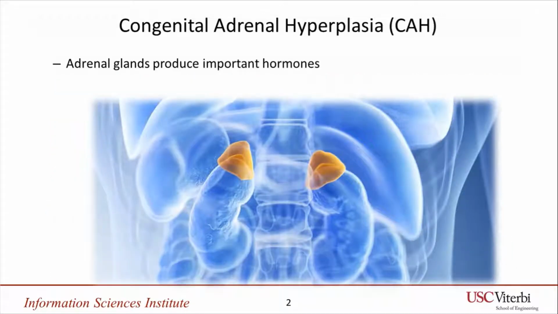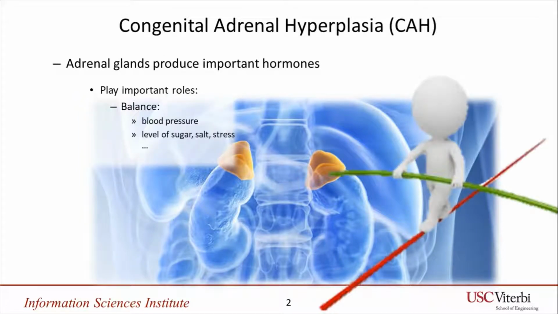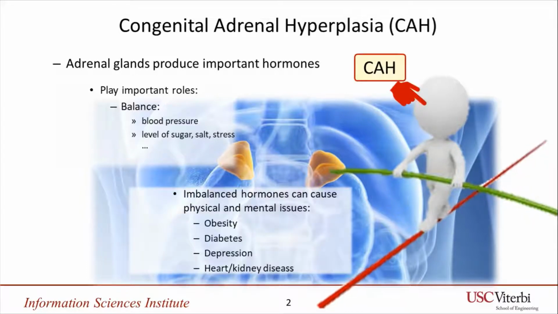Adrenal glands produce important hormones in our body, and these hormones play important roles like balancing blood pressure, balancing level of sugar, salt, stress in our body. And in people who are affected with CAH, their hormones become imbalanced. And these imbalanced hormones cause different physical and mental issues for them, like depression, diabetes, kidney problems, heart problems.